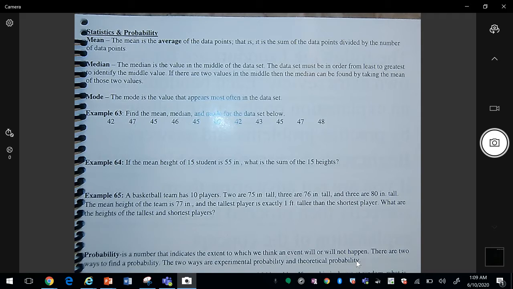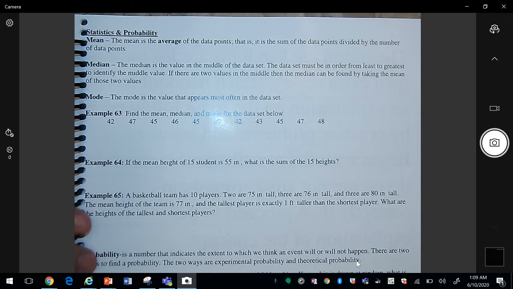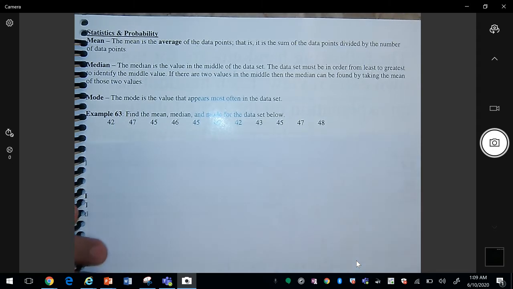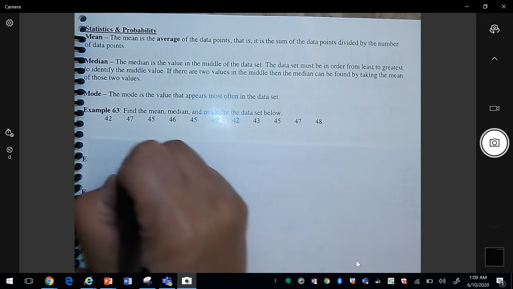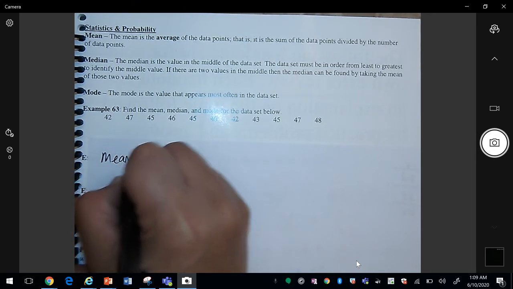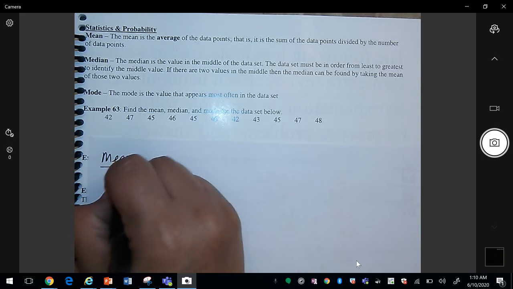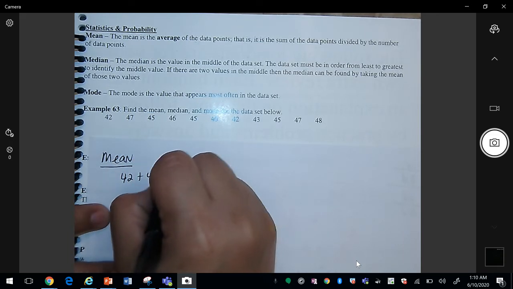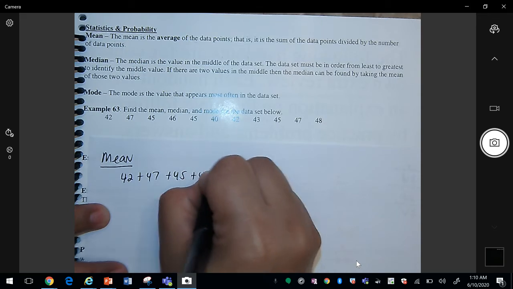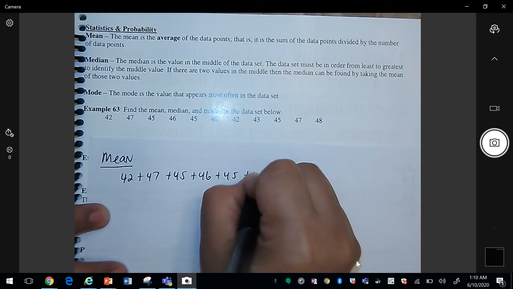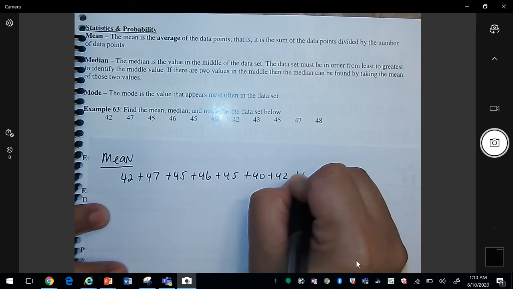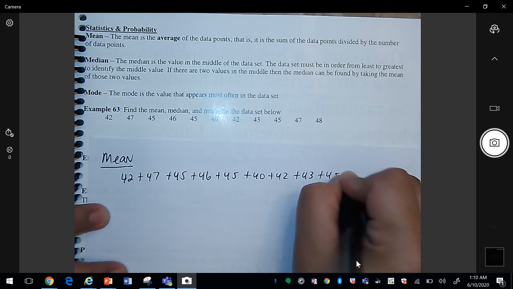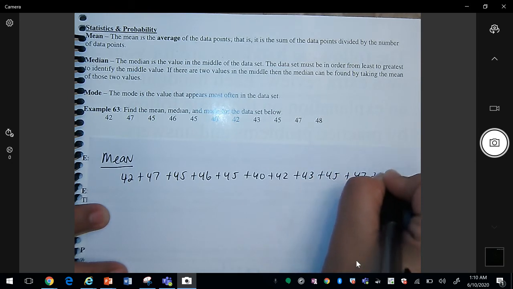The mode is the value that appears the most often in the data set. For example, find the mean, median, and mode for the data set below. So here, we would have to find the mean. To find the mean, we're going to be adding all these numbers and dividing by the total amount of numbers.